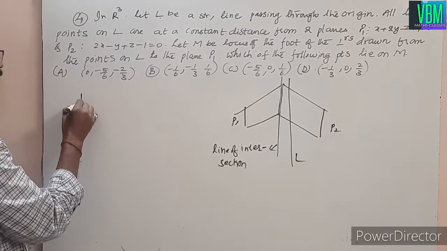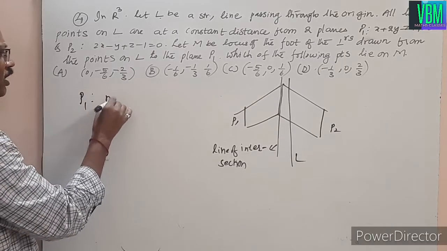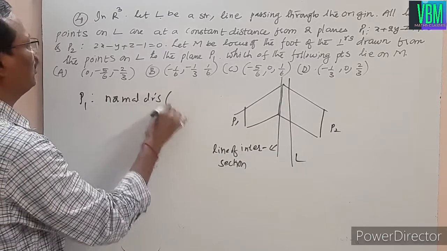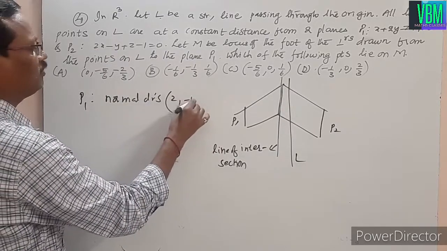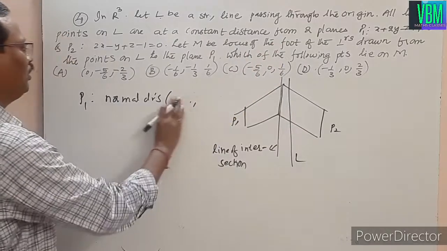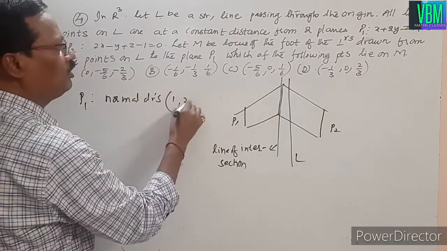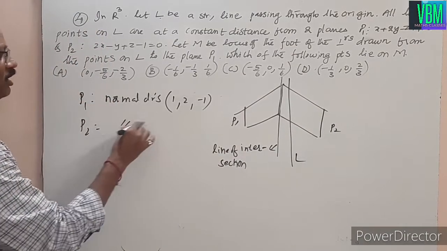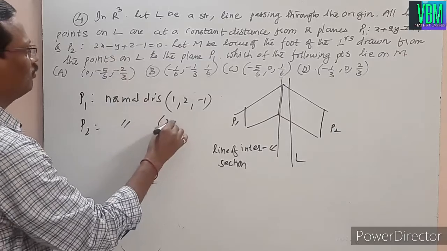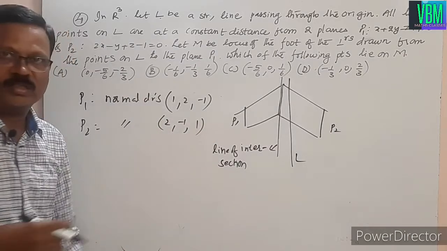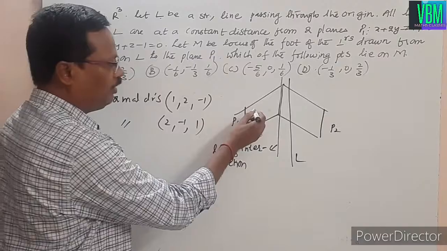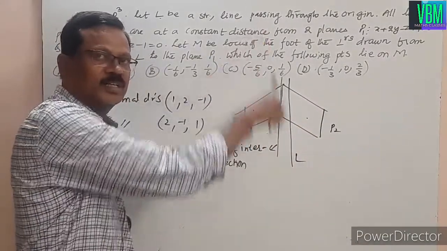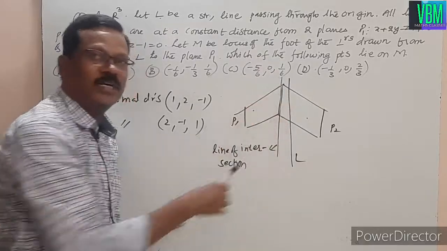First, the P1 normal DRs are 1, 2, minus 1, and the P2 normal DRs are 2, minus 1, 1. If you write the cross product, those are the DRs of the line of intersection.